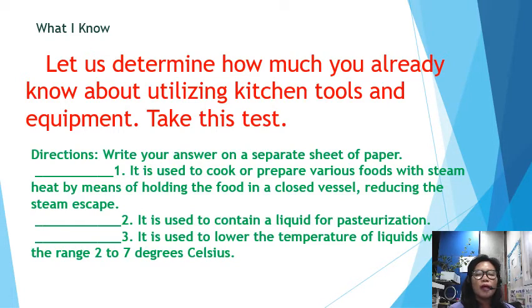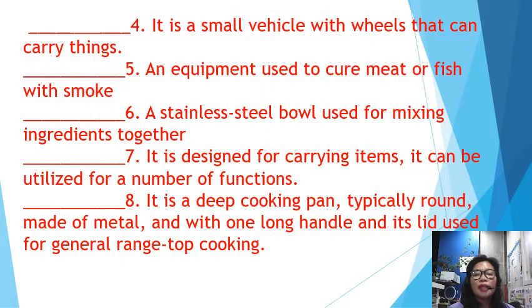Number 2, it is used to contain the liquid for pasteurization. Number 3, it is used to lower the temperature of liquid with the range of 2 to 3 degrees Celsius. Number 4, it is a small vehicle with wheels that can carry things.